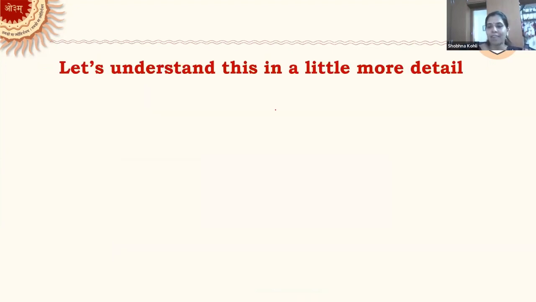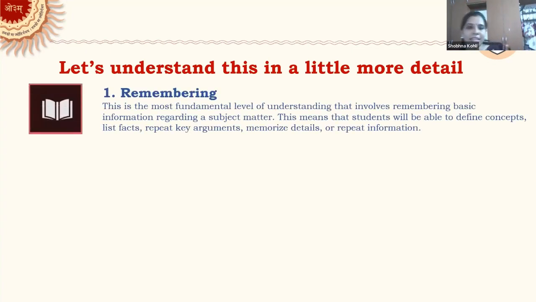So the first level, what we have seen, is remembering, right? Remembering was the knowledge level in the original taxonomy. This is the most fundamental level of understanding, which involves remembering information regarding a subject matter.